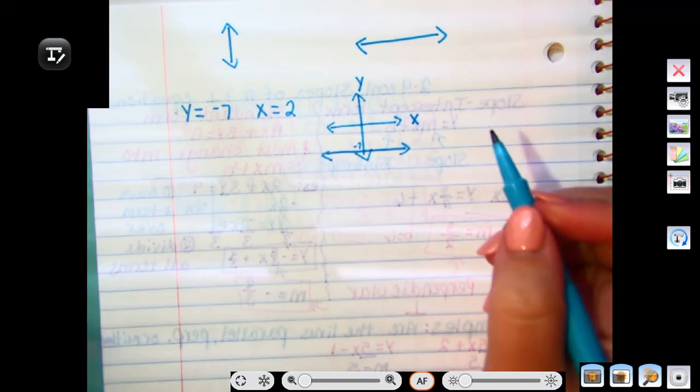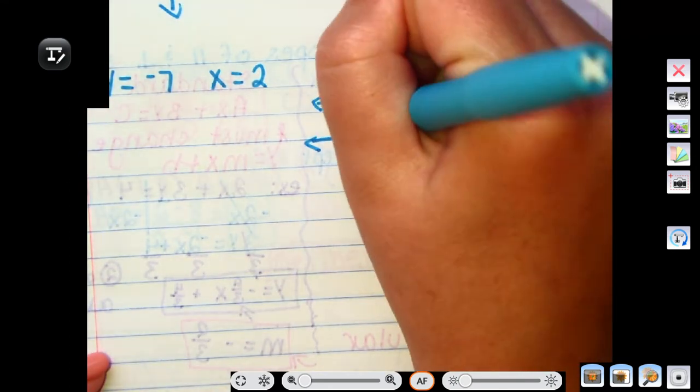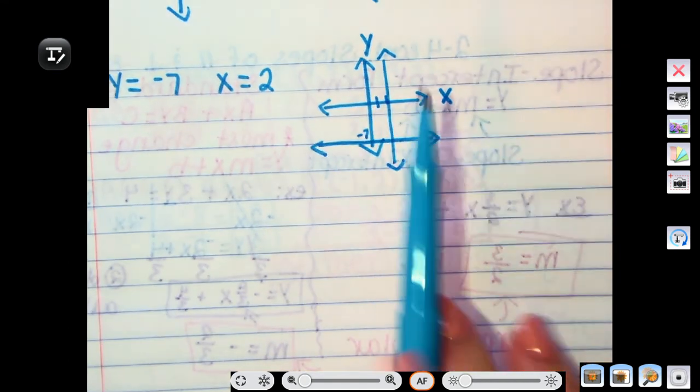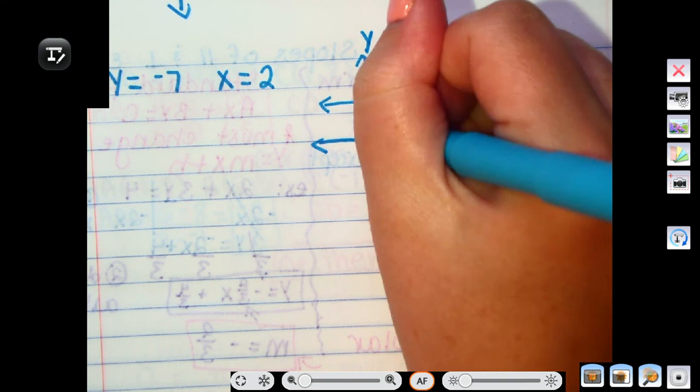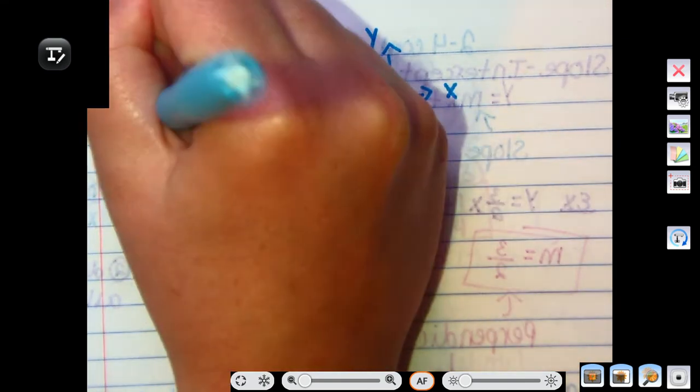Okay? And if I were to graph x equals 2, it would be a vertical line at x equals 2. All right, so what do you notice about these? These would be perpendicular lines. Okay, so these are perpendicular lines.